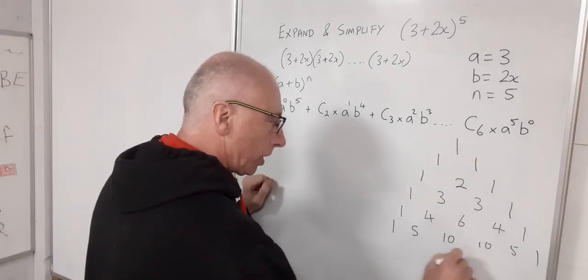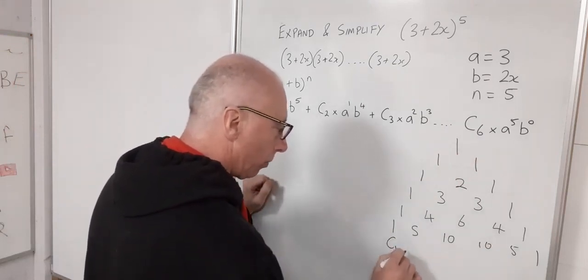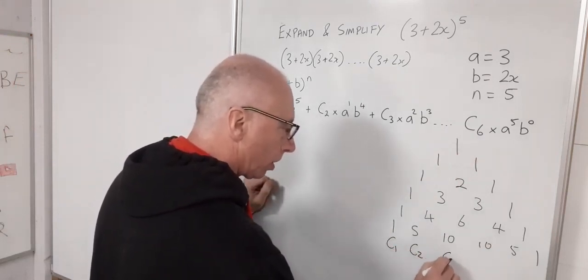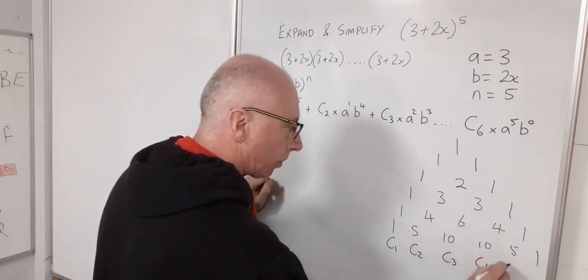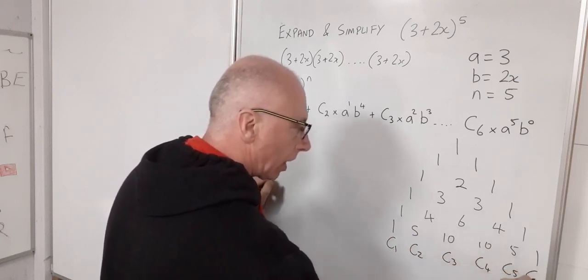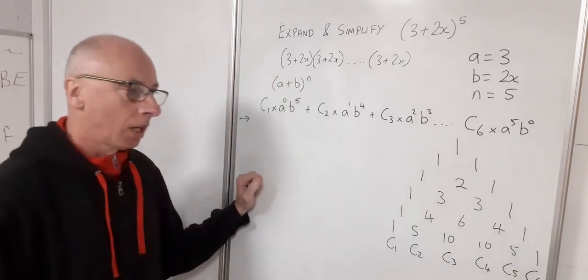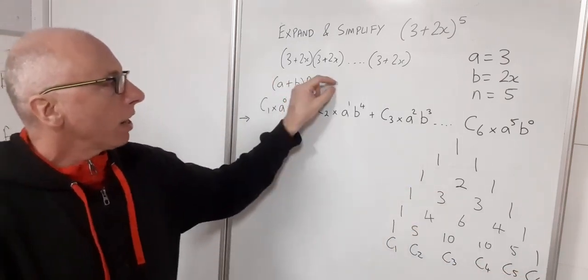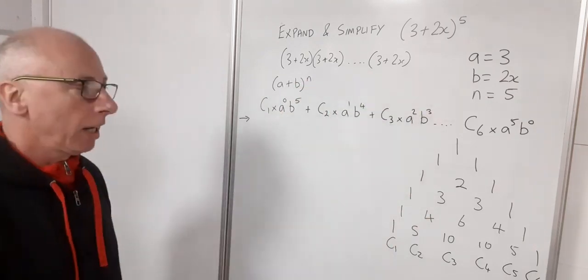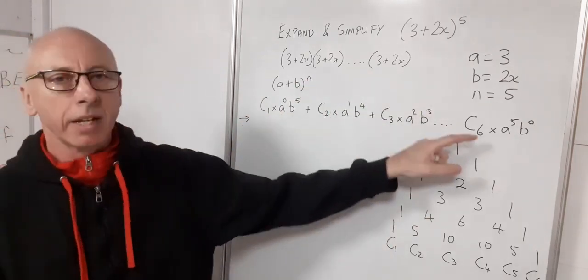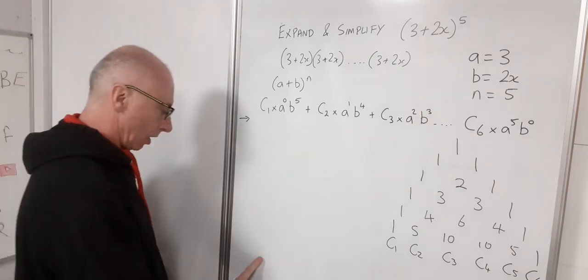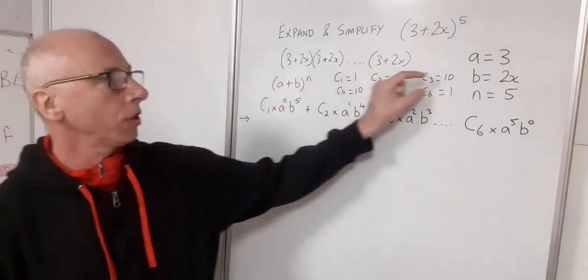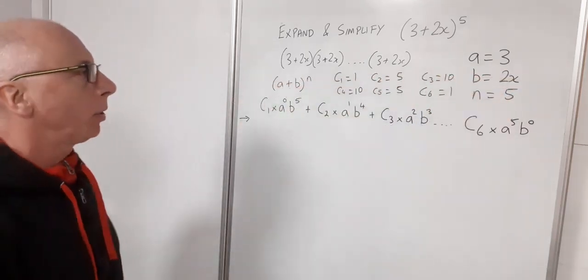So just writing underneath which one is, that's coefficient 1, coefficient 2, coefficient 3, coefficient 4, coefficient 5 and coefficient 6. Okay, so let's take this Pascal's triangle off the board. I'll write these coefficients up along here, and then we'll continue to expand out our term. Okay, so I've got the coefficients written on the board there.